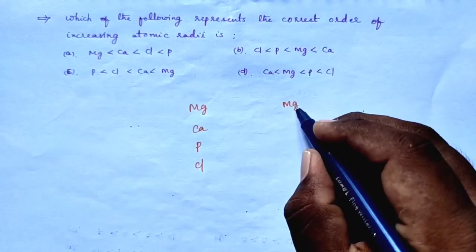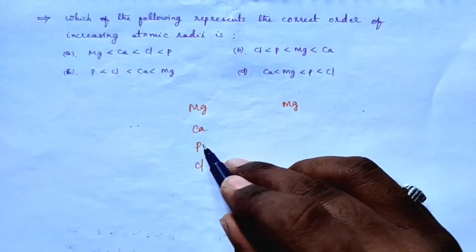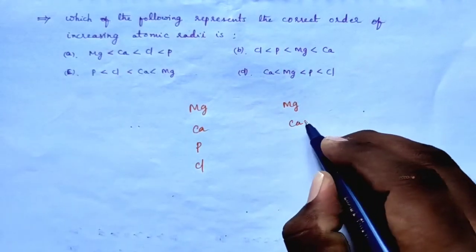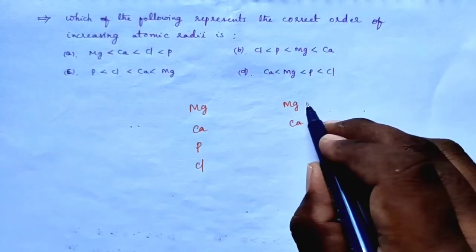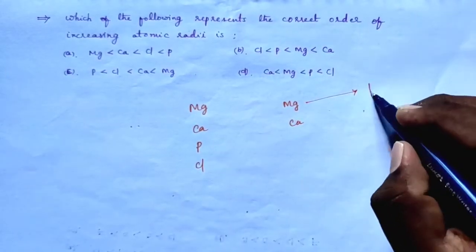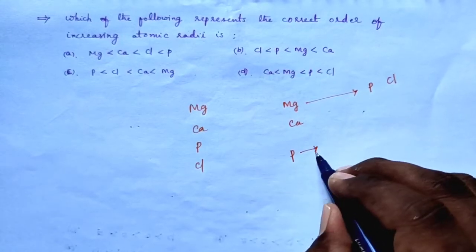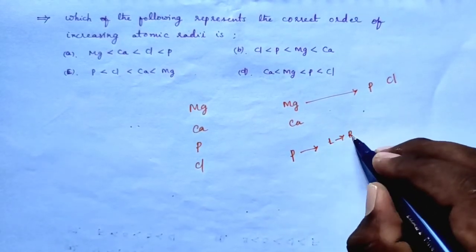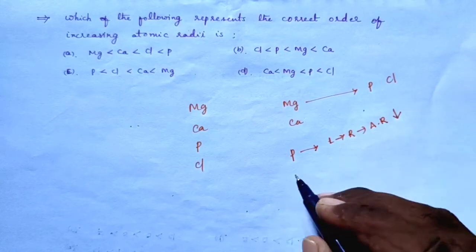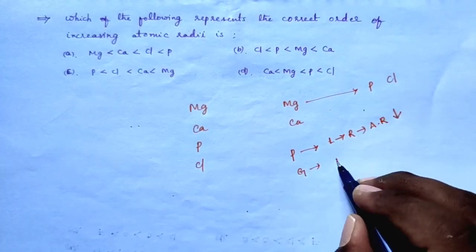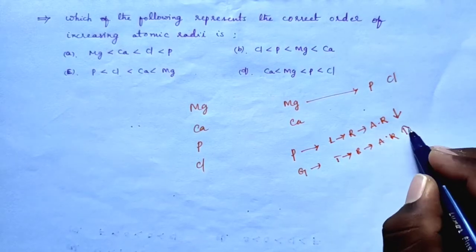Magnesium will be present in the third period. Similarly, calcium is existing below magnesium, and in the same period as magnesium we have phosphorus and chlorine. We know that in a period from left to right atomic radii decrease, whereas in groups from top to bottom atomic radii increase.